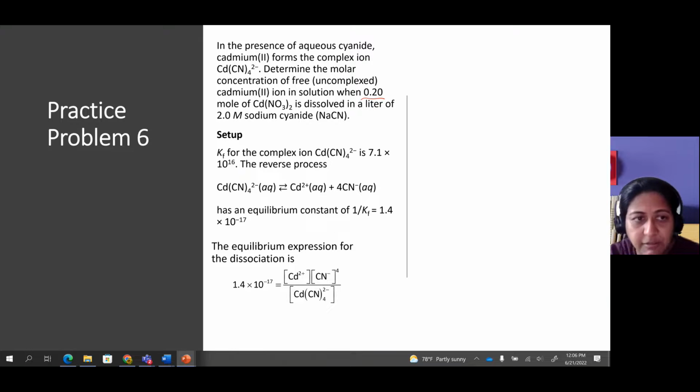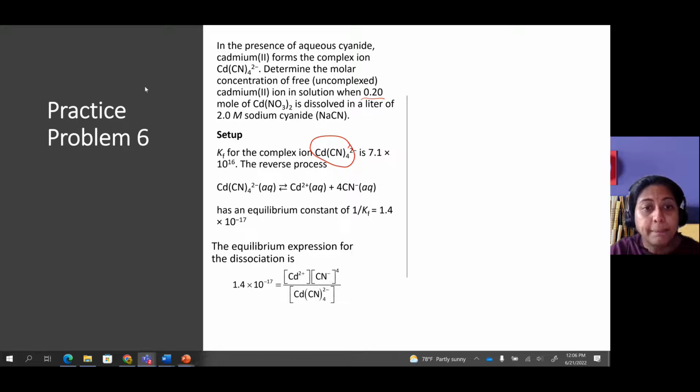We are given the formation constant for the cadmium complex as 7.1 times 10 to the 16.